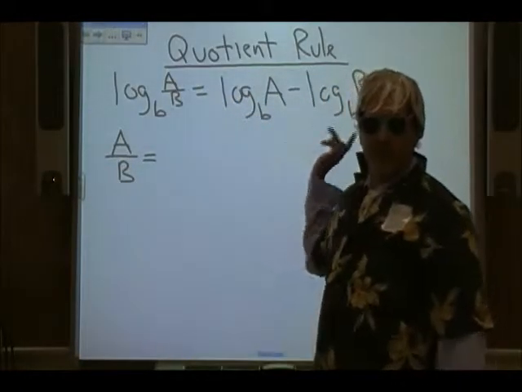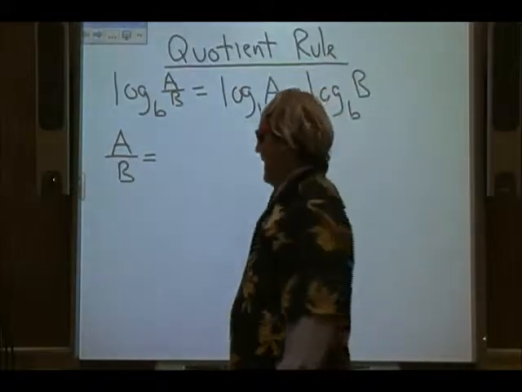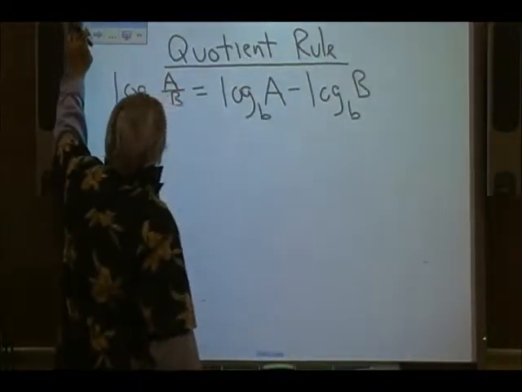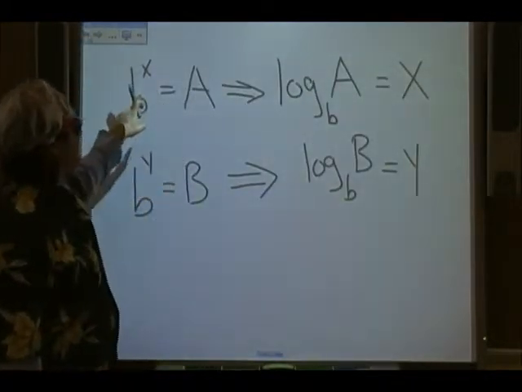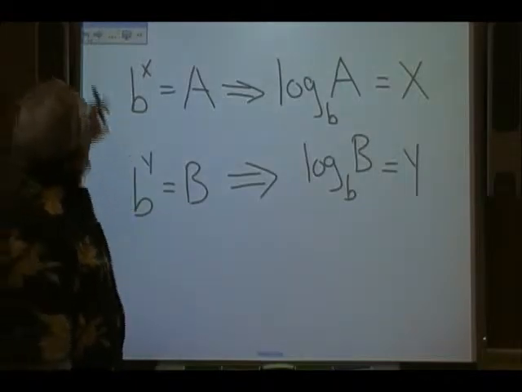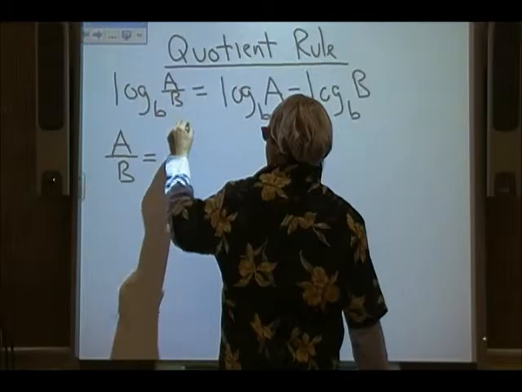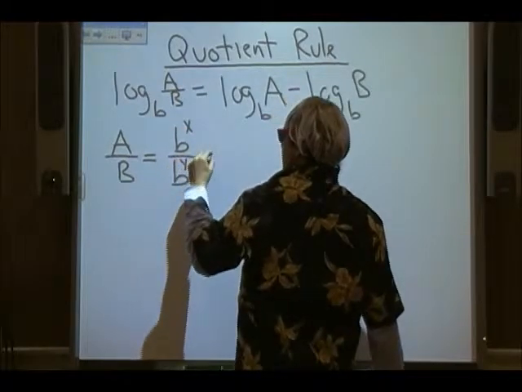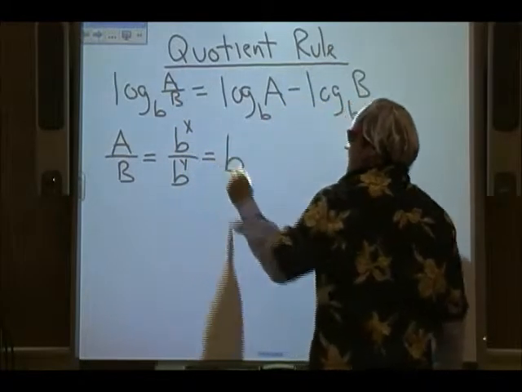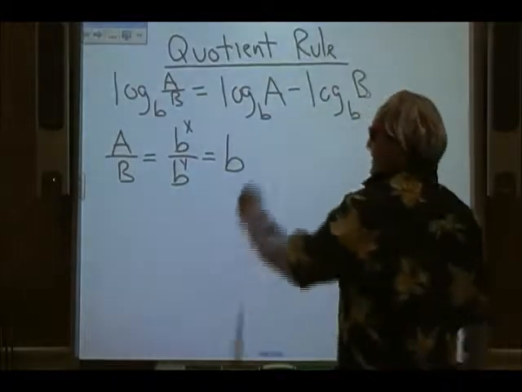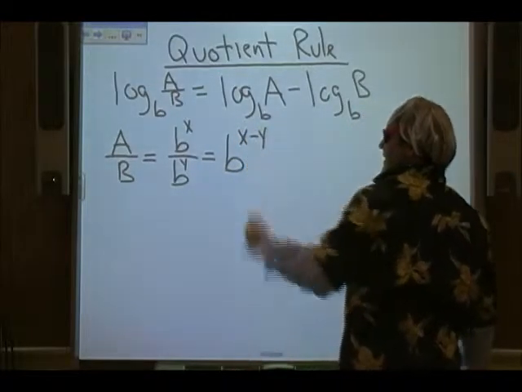Well, when we went back and looked at it, a was b to the x, b was b to the y. So it's b to the x over b to the y, which you know from quotients of the same base, you subtract the exponents.